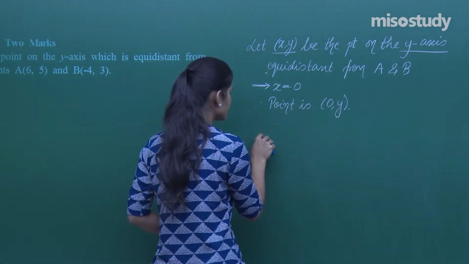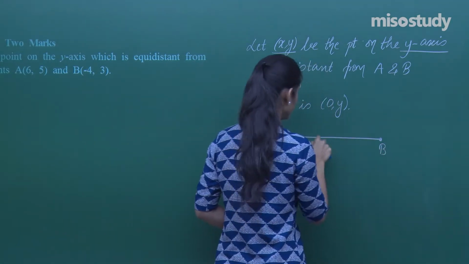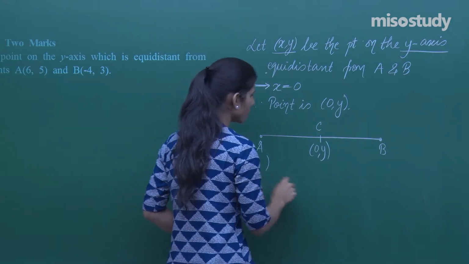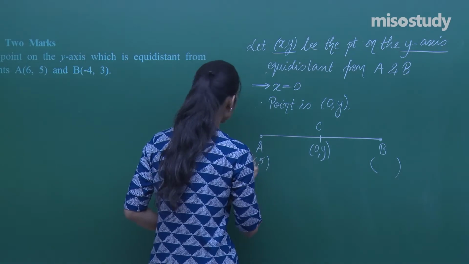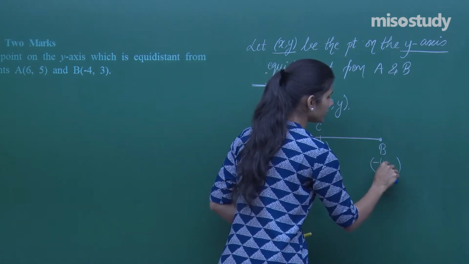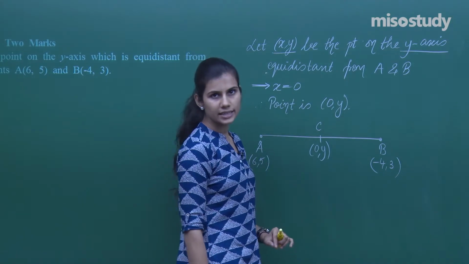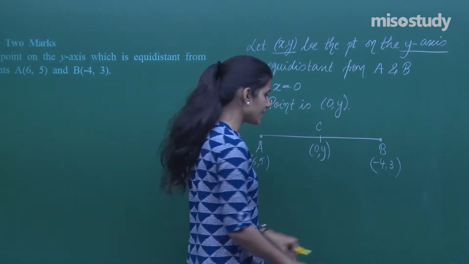So the situation is the same as we just encountered. There is this point C, say 0, y, which is equidistant from A as well as B. A is 6, 5 and B is minus 4, 3. If it is equidistant from here as well as here, that means C is the midpoint of the line segment joining AB.